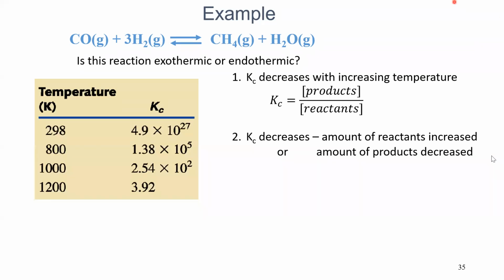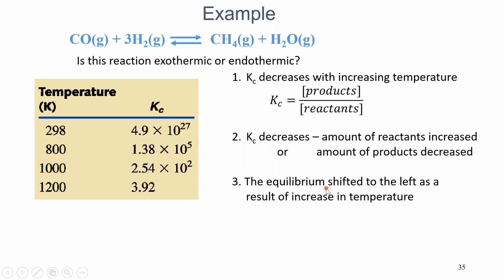So the equilibrium shifted to the left as a result of the increase. So reactants went up, products went down, the reaction shifted to the left.